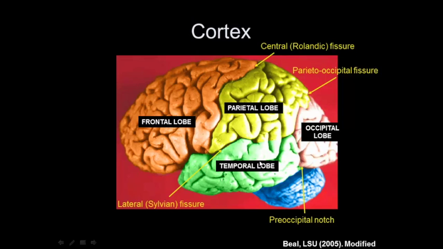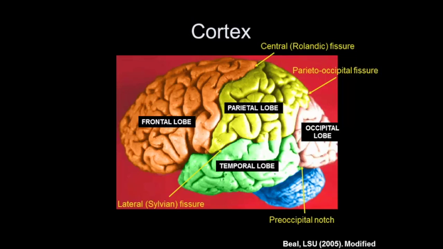So how do you identify the borders between the different lobes? There are a few landmarks, and some of these are actually pretty sketchy, if you ask me. The central sulcus, and I'll give you a cue about how to identify it, especially on MRI. Central sulcus or central fissure, also called Rolandic fissure or Rolandic sulcus.